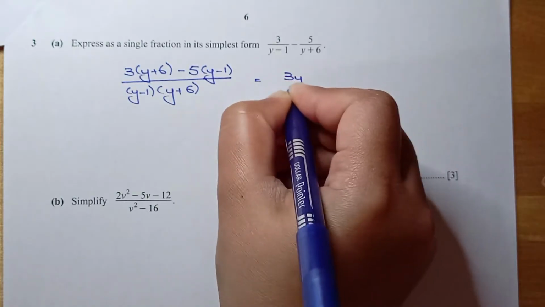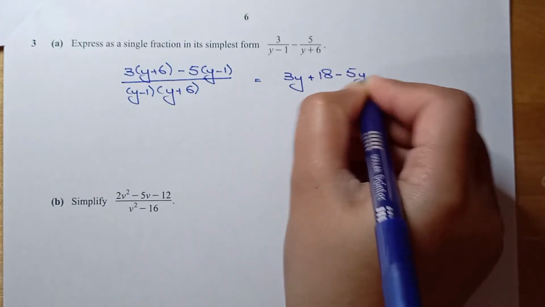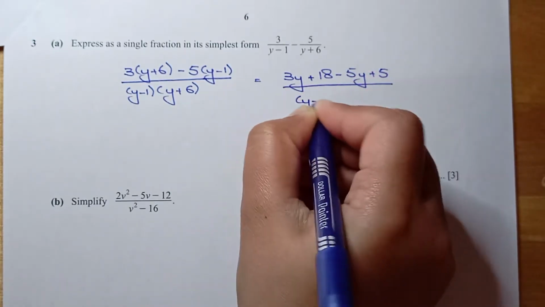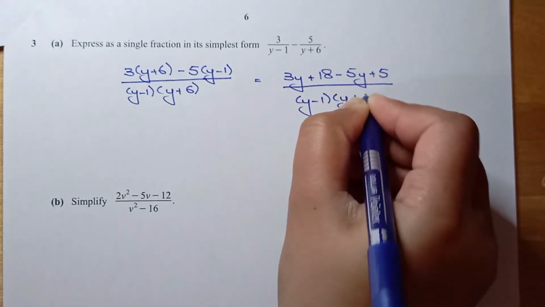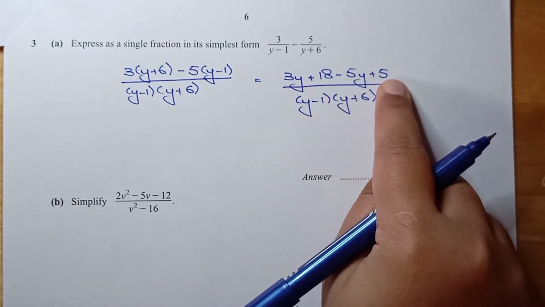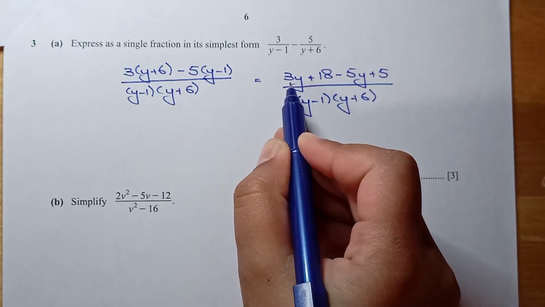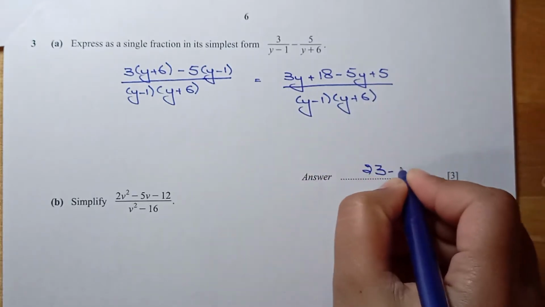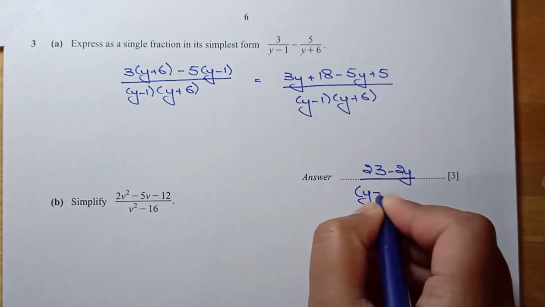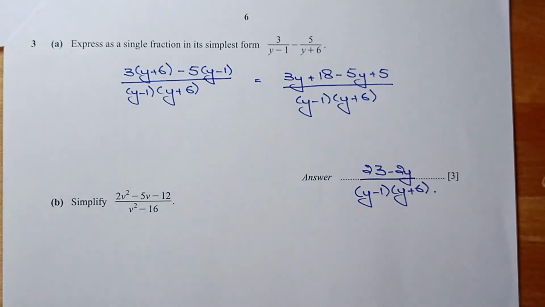It would be 3y plus 18, minus 5y plus 5, divided by y minus 1 and y plus 6. Now 18 plus 5 is 23, and 3y minus 5y is minus 2y, and we keep the denominator in factored form, y minus 1 and y plus 6. So that's the simplified answer.